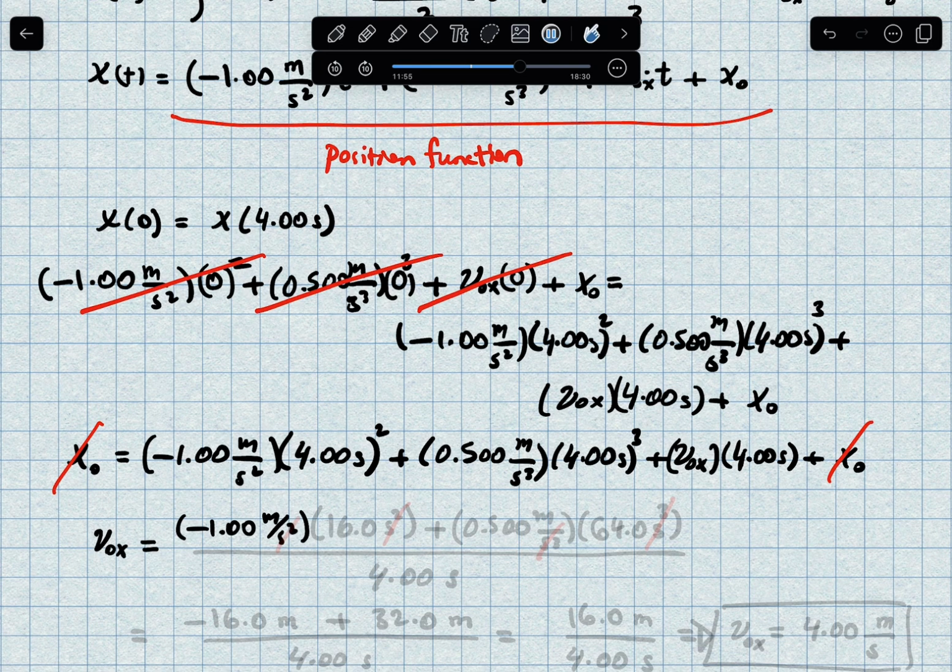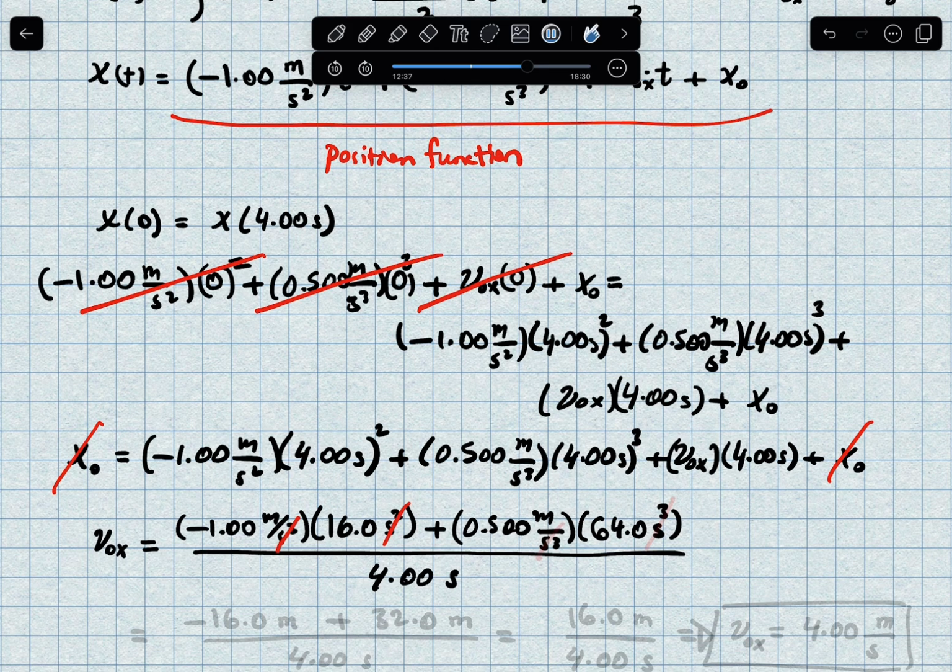If I square the time already, I'll have this as the first term. Second term is like this, and 4 cubed is 64.0 seconds cubed. And the third term is part of v naught, so I'm going to divide by 4 seconds.